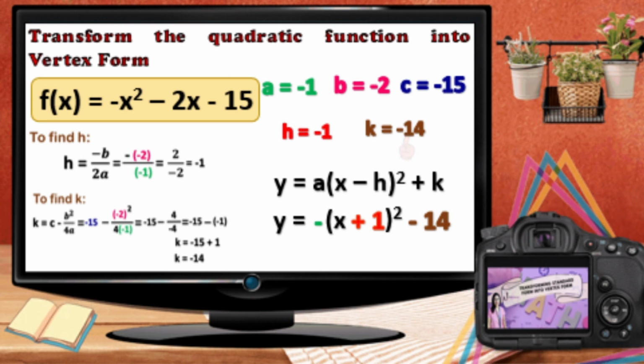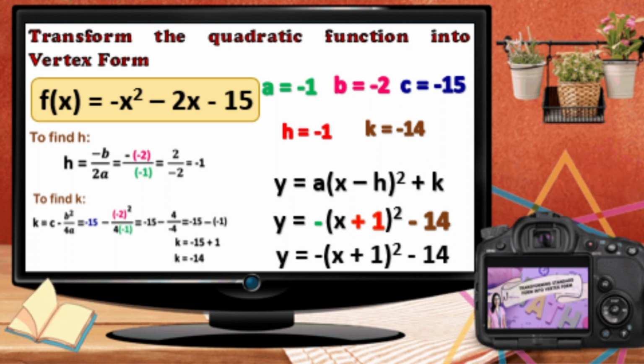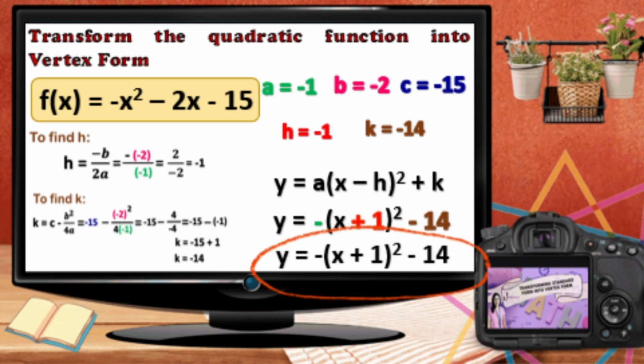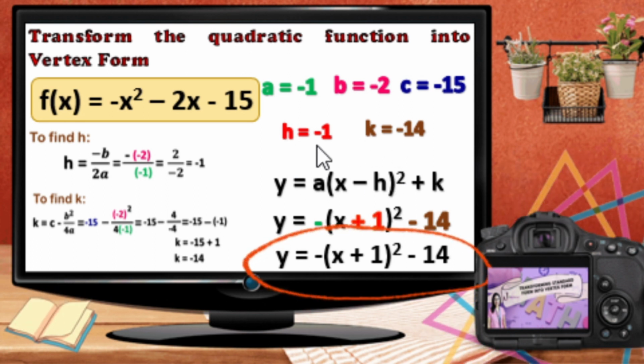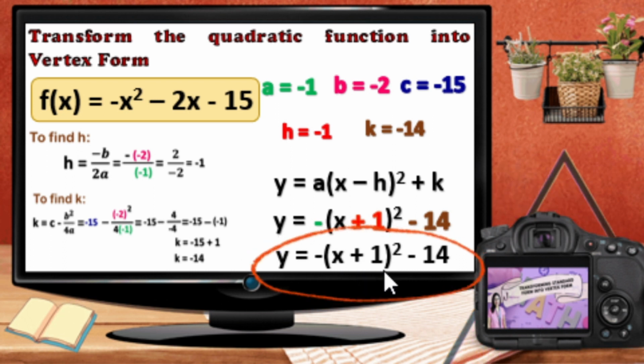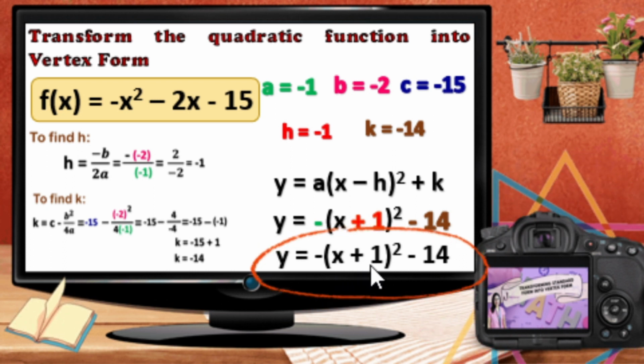So, therefore, ang ating vertex form is y is equal to negative quantity x plus 1 squared minus 14. Always remember that if the value of h is negative, magiging positive siya dito sa h ng ating vertex form.